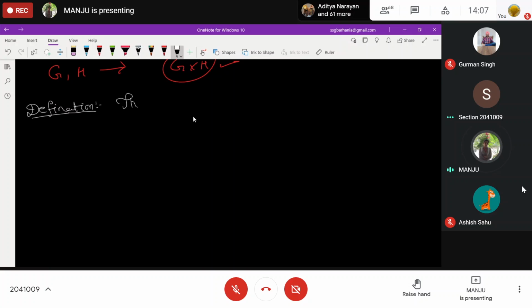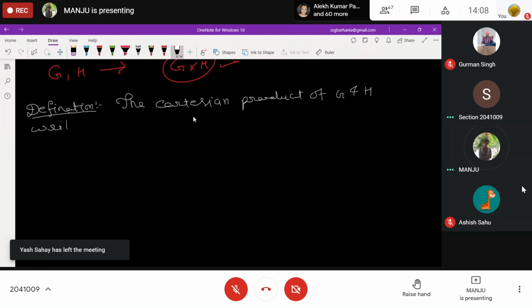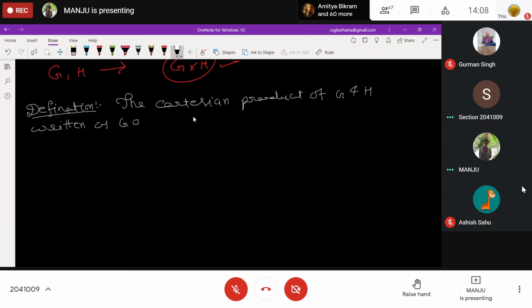The Cartesian product of G and H, written as G small square H, is the graph.